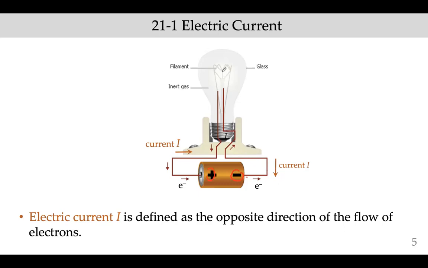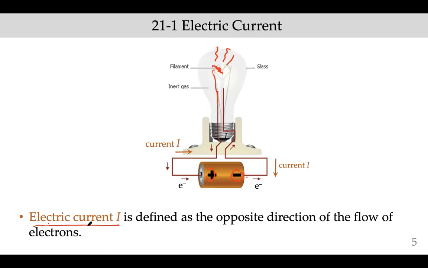They would go through the filament and heat up the filament because of the collisions of the electrons with the atoms here, and then it would give light and also heat, and then the electrons would come back to the positive terminal.